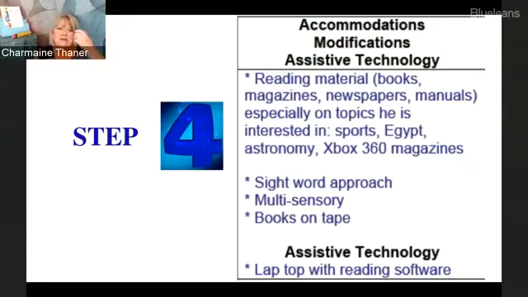So in step 1 for this student, we identified that he was a visual learner. When we get to step 4, which is our accommodations section, that's when we want to remember those strengths and say, yay, if we built on these strengths and used them as accommodations, our kids would be so much more successful.